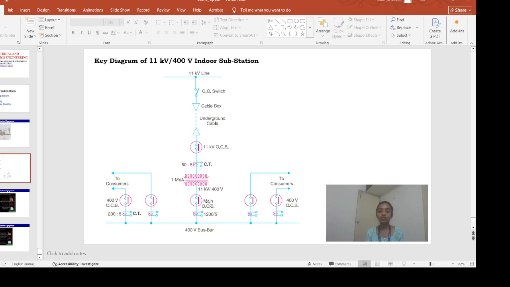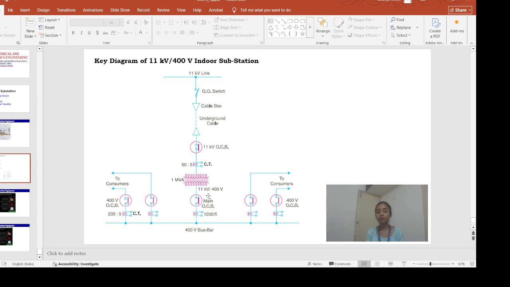Then we have another main oil circuit breaker. After that we have one current transformer with rating 1200 by 5. Then you can see this is a 400 volt bus bar. From here we are distributing the 400 volt to the different consumers.